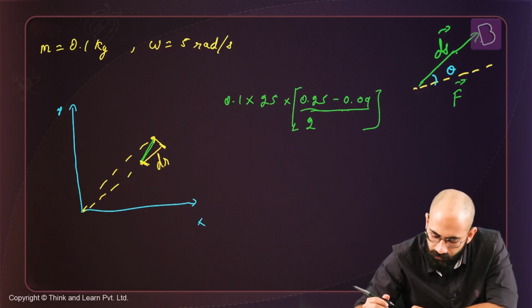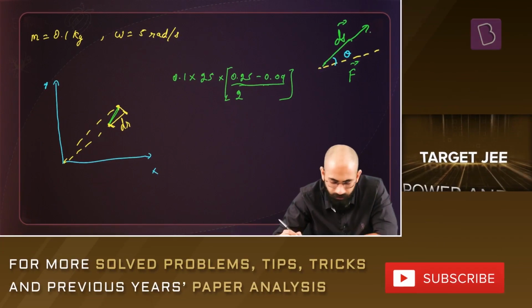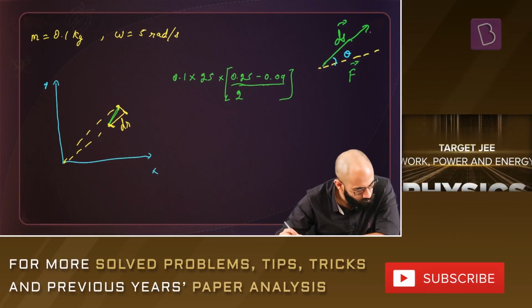So I get 0.1 into 25 into (0.25 minus 0.09) by 2.